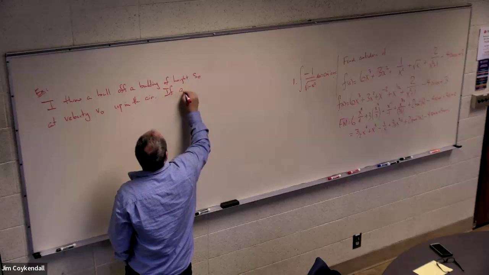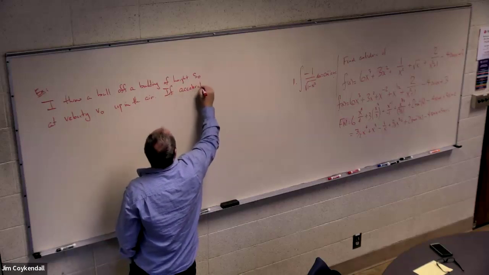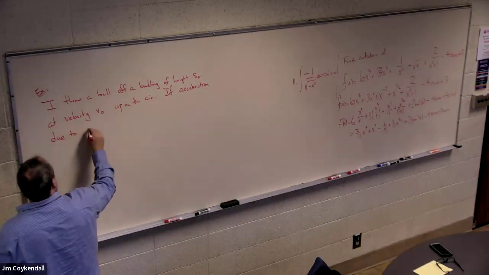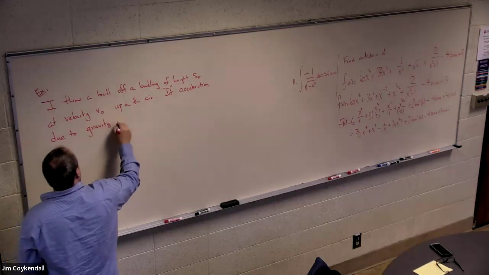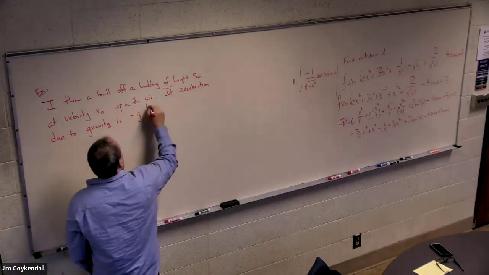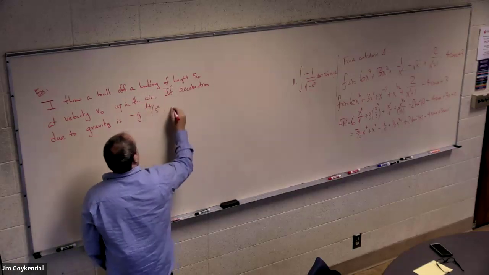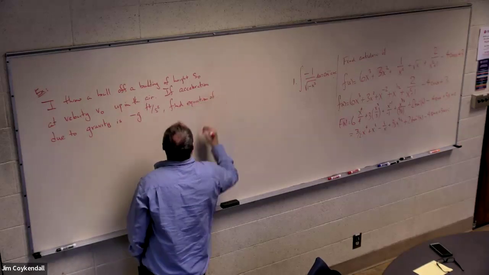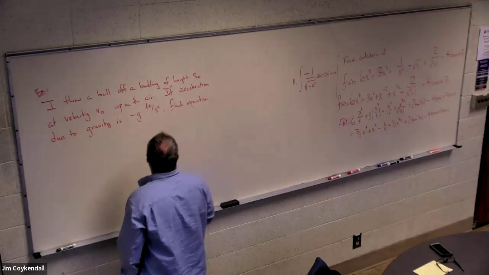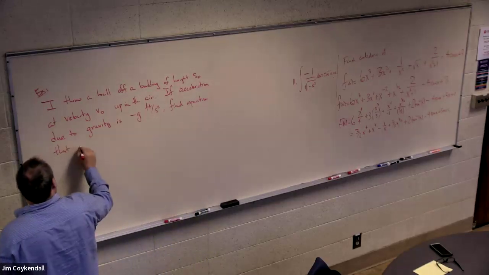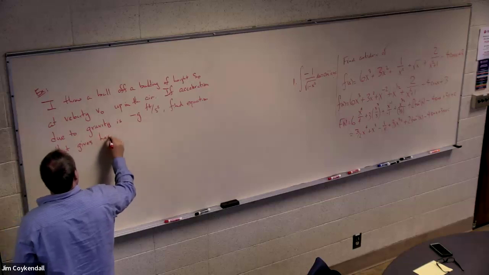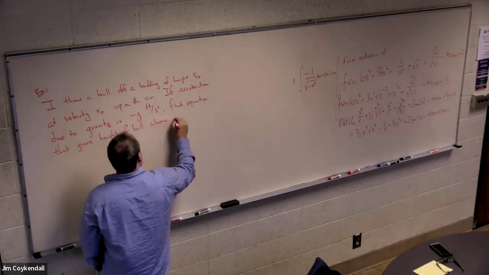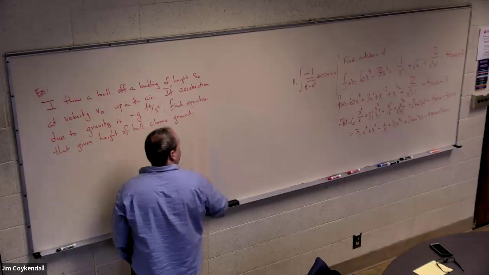If acceleration due to gravity is minus g feet per second squared, find the equation that gives the height.